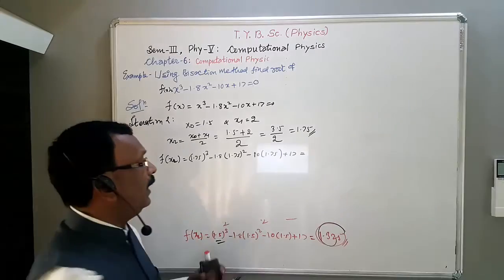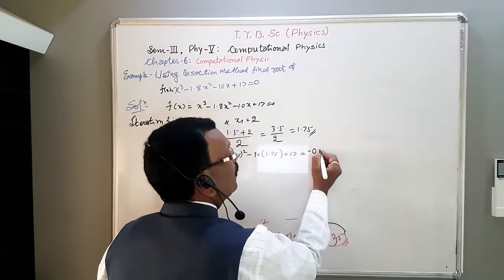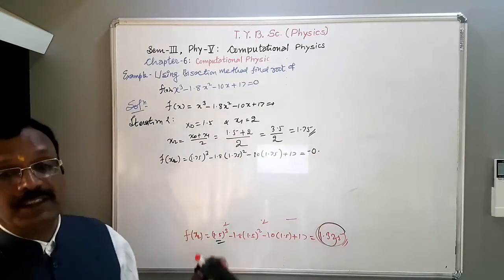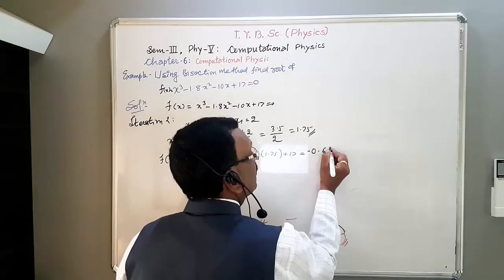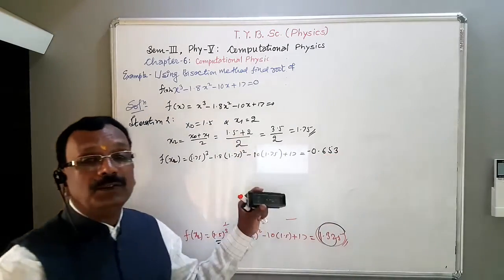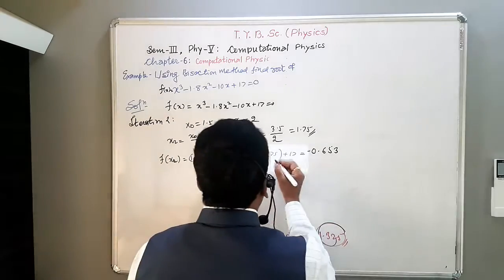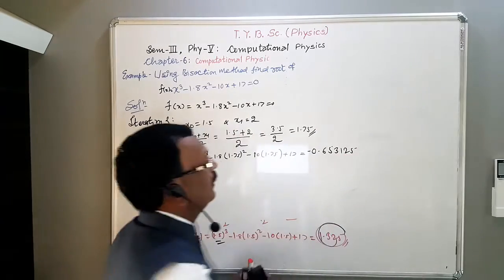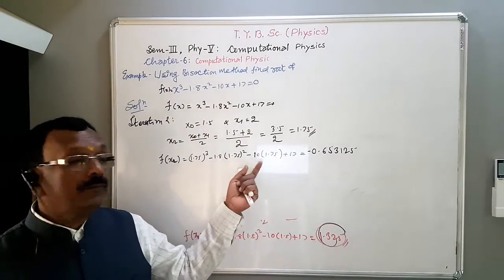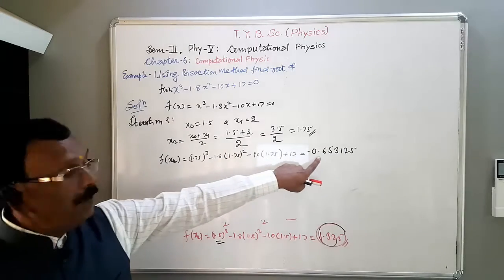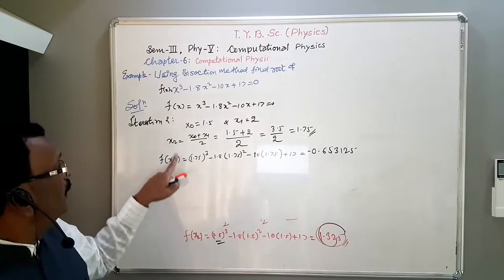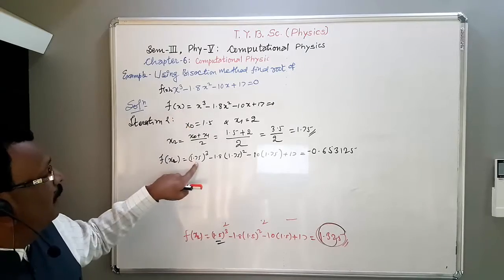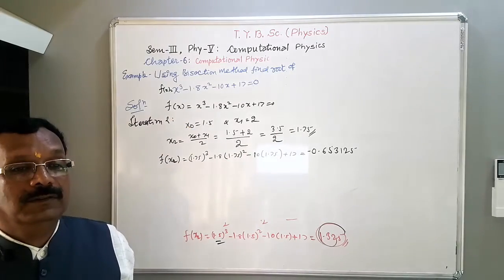When you solve this term, you will get 6.53125. This is the value when we substitute x equal to 1.75.